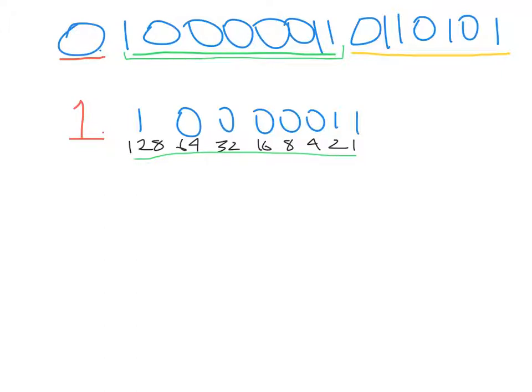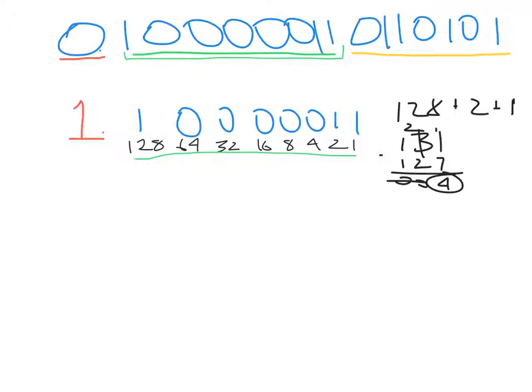And if I do that calc over the side here, that's 128 plus 2 plus 1. 128 plus 2 is 130, so I know it's stored as 131. Exponents are stored in excess of 127, so I minus 127 from that number. 131 minus 127 is 4. I know my exponent is 4.